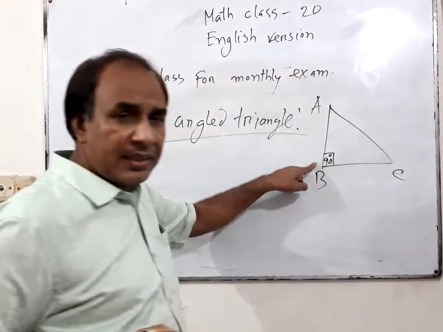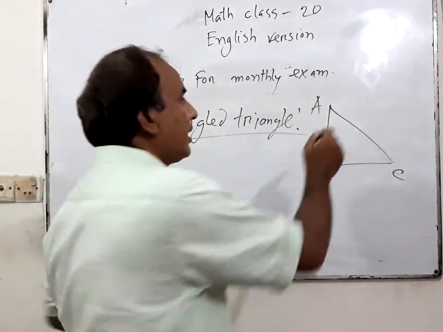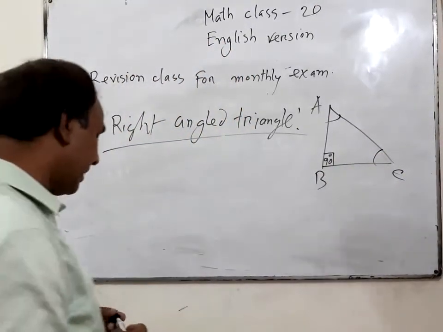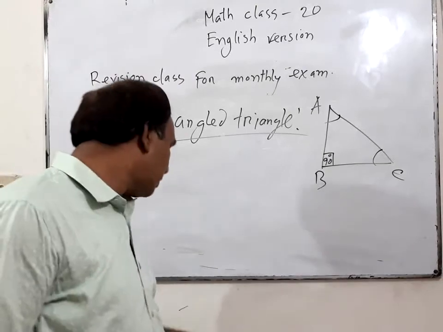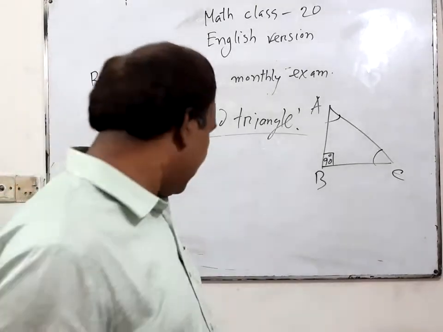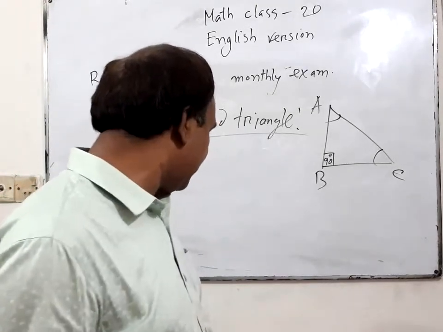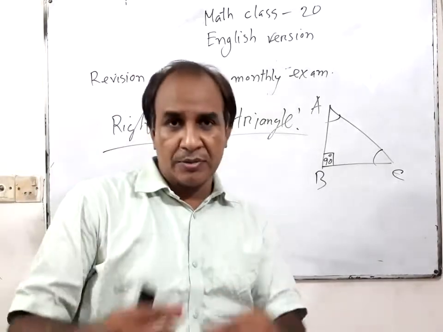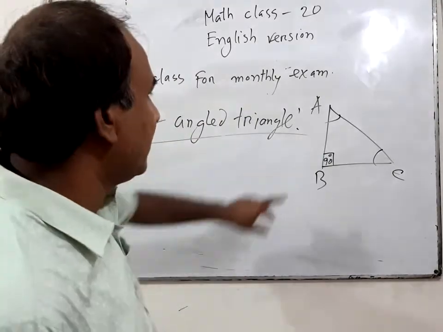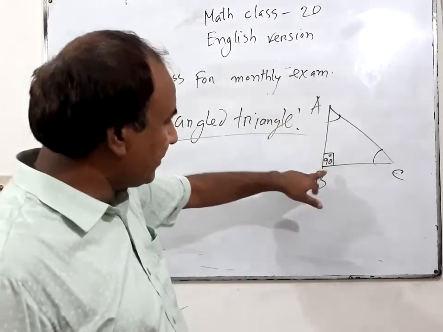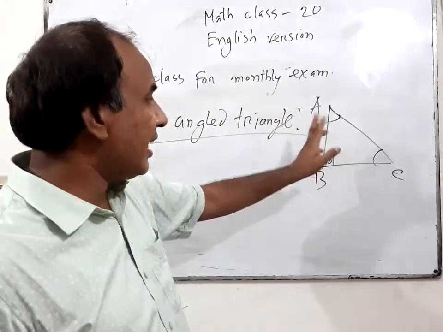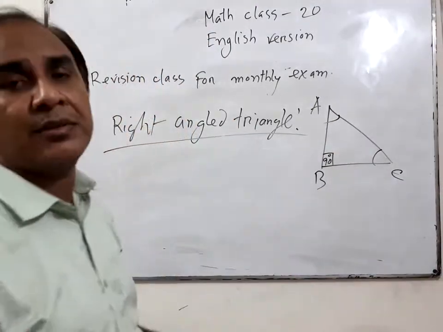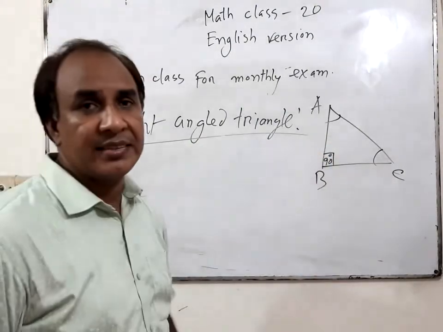In your book, page 135, a triangle with one right angle is a right angle triangle, but we have to say a little bit more. The triangle having a right angle and another two angles acute, we have to say it is a right angle triangle.